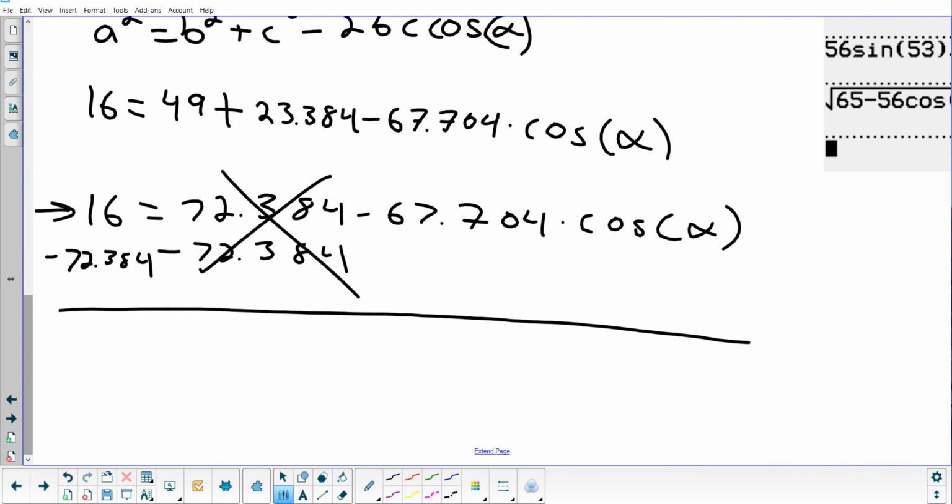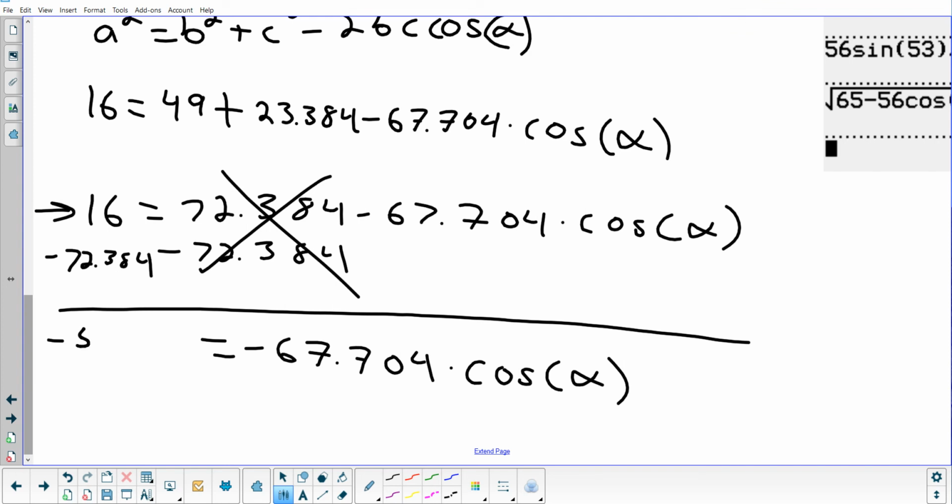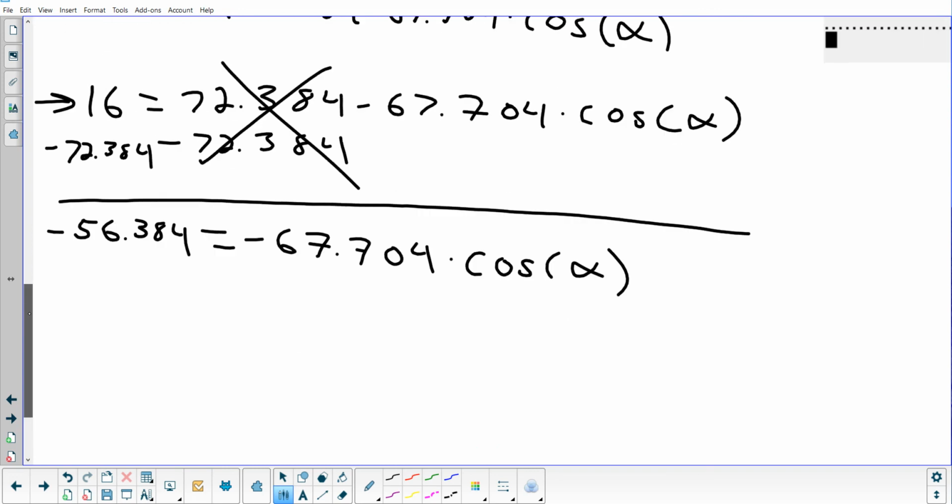We'll take care of that in a second. On the right side, we still have the negative 67.704 times the cosine of alpha. And what do I have on the left side? Negative 56.384. Okay, so a little bit better. I'm closer to getting alpha by itself. Does anyone see what I would do next?